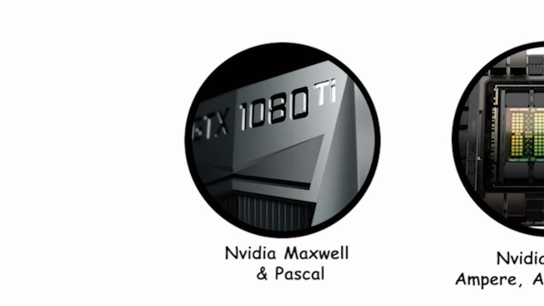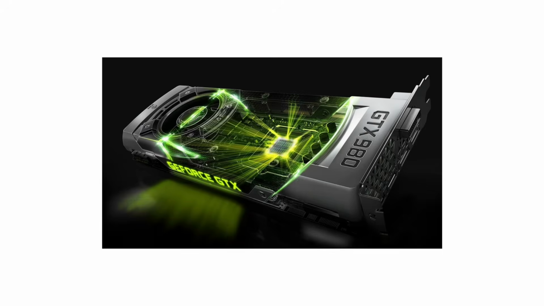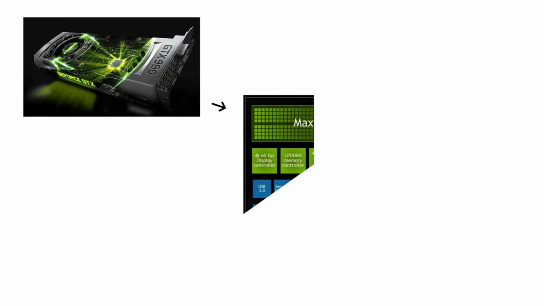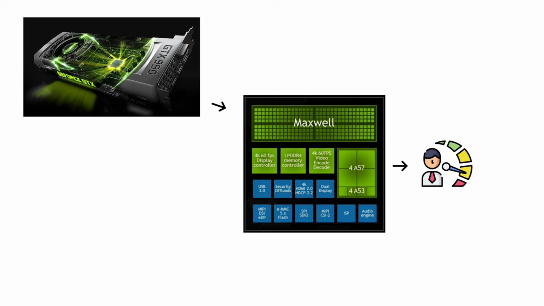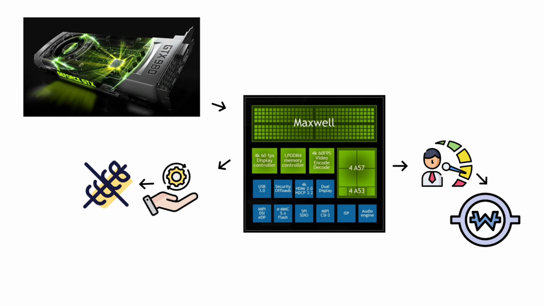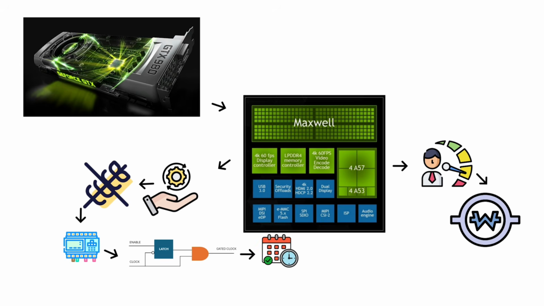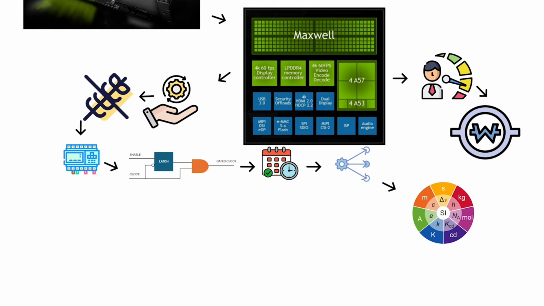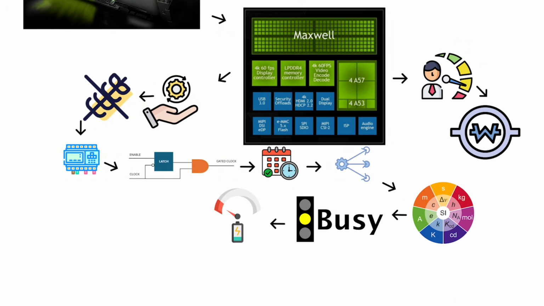Nvidia Maxwell and Pascal. Maxwell, 2014 to 2015. Maxwell redesigned the streaming multiprocessor into the SMM unit to deliver much higher efficiency per watt than Kepler. The changes included leaner control logic, finer-grained clock gating, improved instruction scheduling, and better load balancing, so more of the silicon's math units stayed busy while using less power.